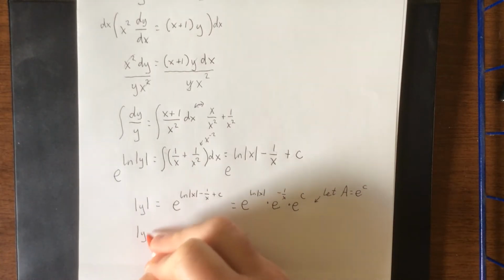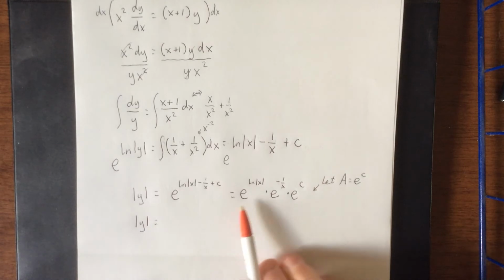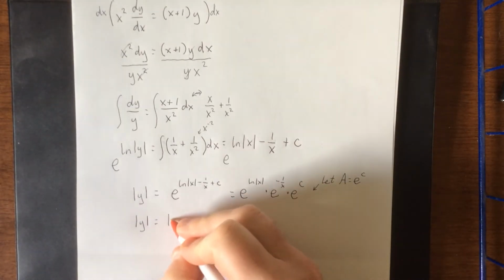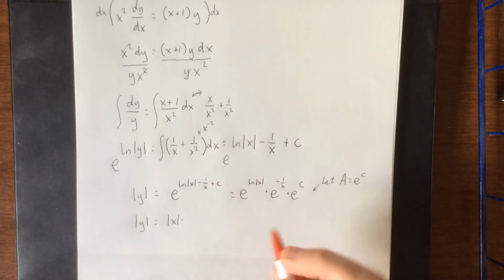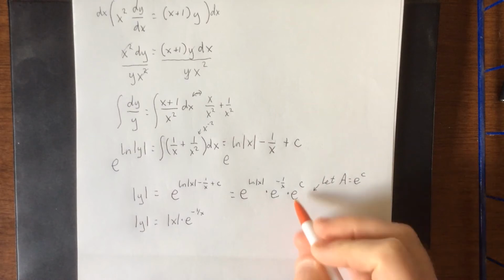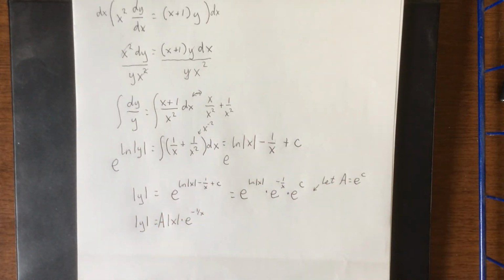That allows me to state that the absolute value of y is going to be equal to, simplifying each of these, the absolute value of x multiplied by e to the negative 1 over x power multiplied by A. A seems like a coefficient, so I'll put that up front.